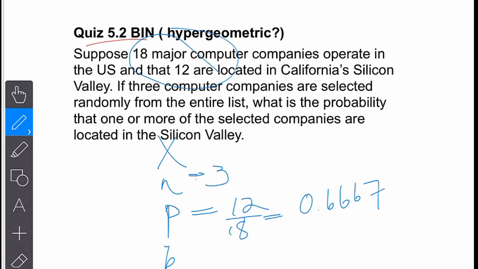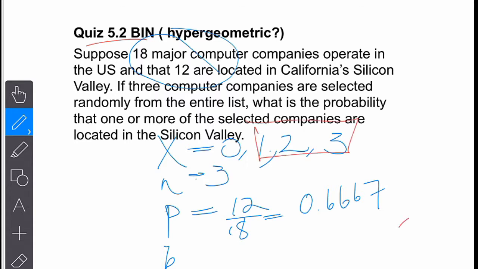And then the possibility is that none, 1, 2, or 3 of the companies are from Silicon Valley. And finally, the question I want to answer about this binomial variable is, what is the probability that 1 or more of the selected companies are located in Silicon Valley? So I really want 1 or more.